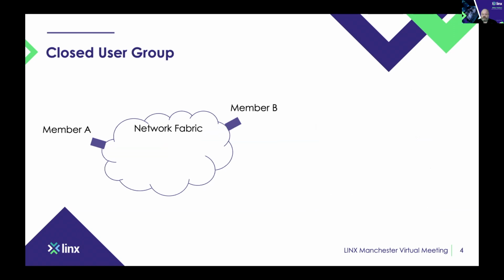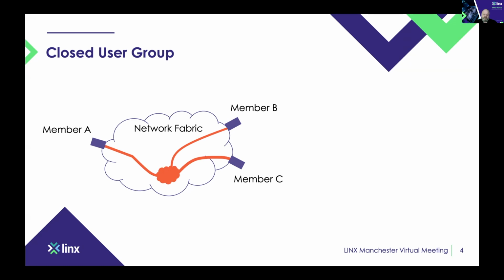Closed user group is very similar, just that it's for more than two members who want to connect to the same layer 2 instance. For the member who is ordering it, we create a layer 2 instance, and any other member who wants to join can simply request to participate in that same layer 2 service.